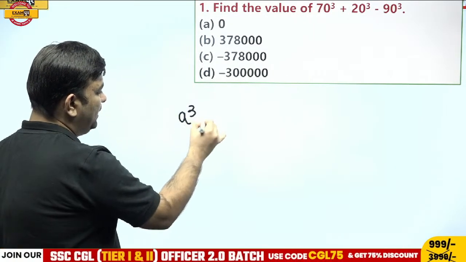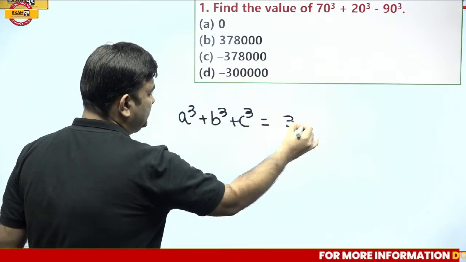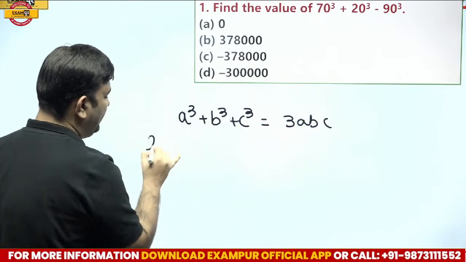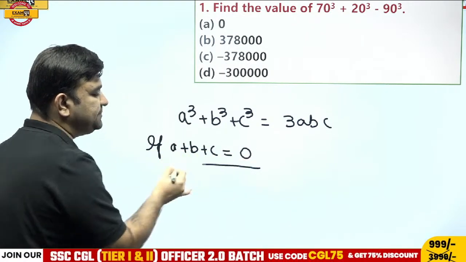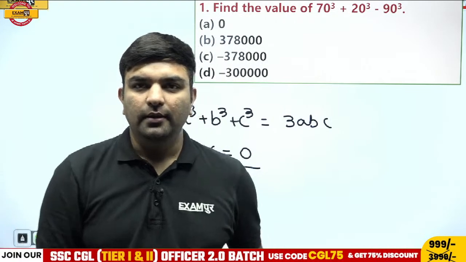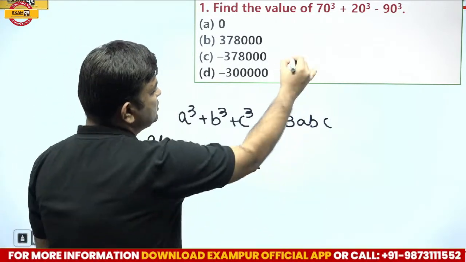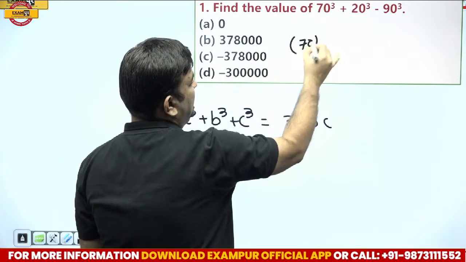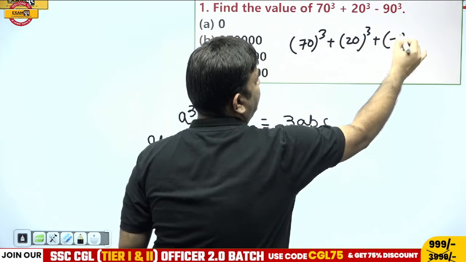Guys, a cube plus b cube plus c cube is equal to 3abc if a plus b plus c is 0. If you closely look, it is a cube plus b cube plus c cube.